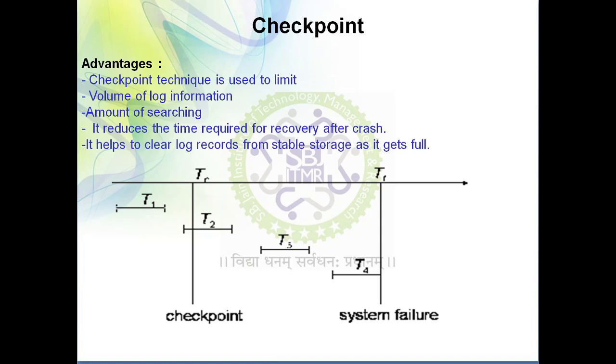Your recovery process is limited to only transactions T1 to T4. You will ignore T1 because it was executed before the checkpoint, and before the checkpoint your database is in a consistent state and you have taken the backup. So T1 gets ignored, T2 and T3 get redone, and T4 should undergo undo.